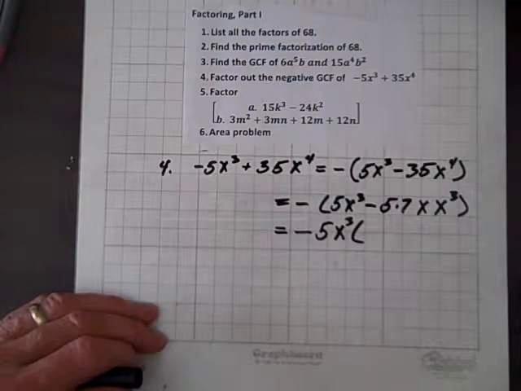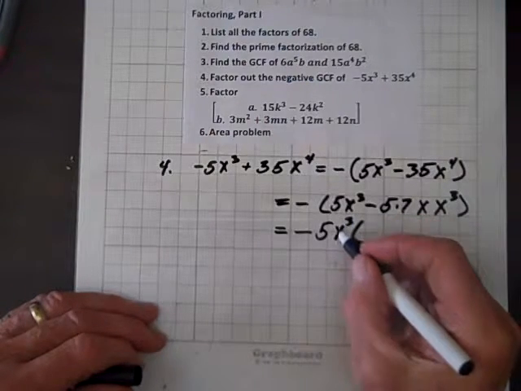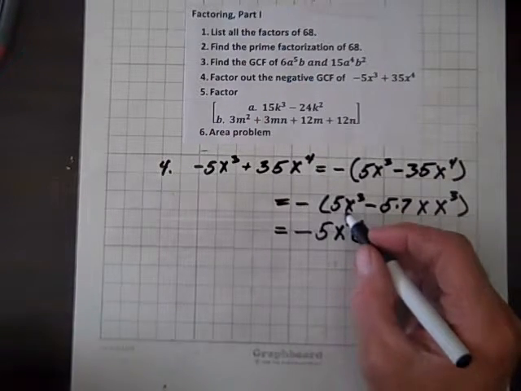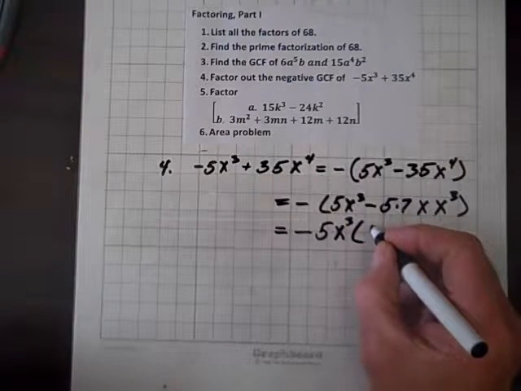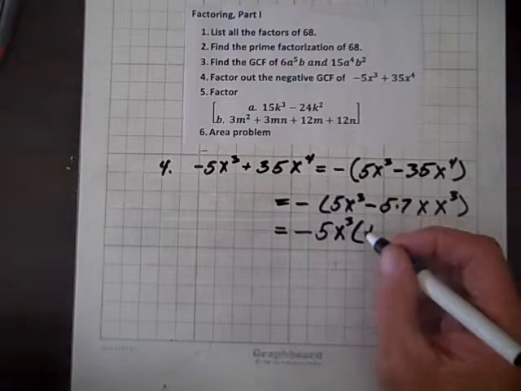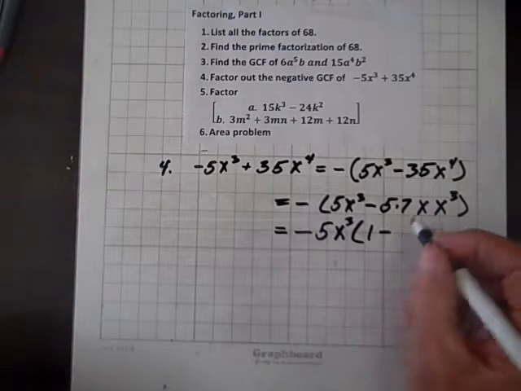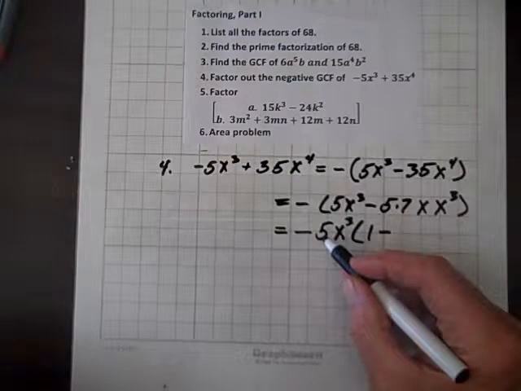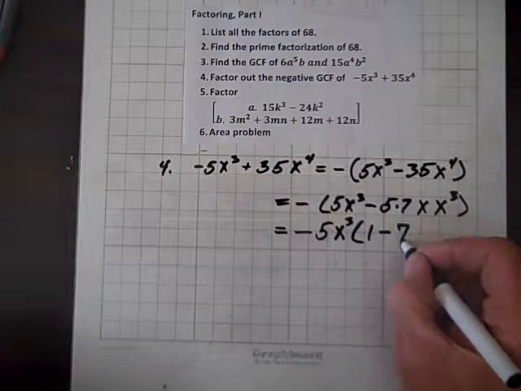And now we'll install our parentheses. So 5x cubed times what is 5x cubed? Well, it's 1. 1 times anything is what you started with. And minus, and notice we factored the 5 out, but the 7's unaccounted for, so it remains.